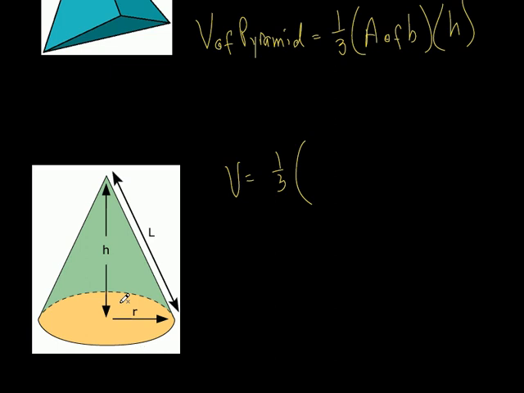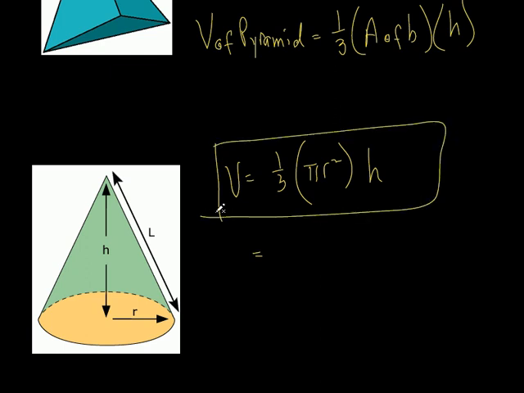What's the area of this base right here? It's pi r squared times the height. Okay, right there, and there you go. That's it. Do you have to sit here and memorize 1/3 pi r squared h? Do you have to memorize that? No. You just memorize that the volume of a pyramid is 1/3 the area of the base times the height.